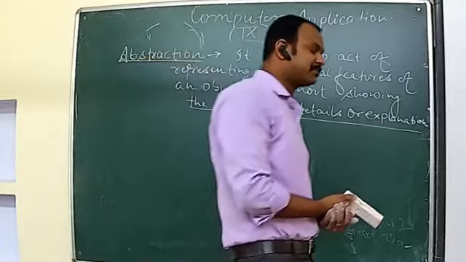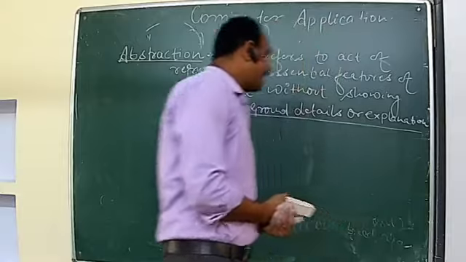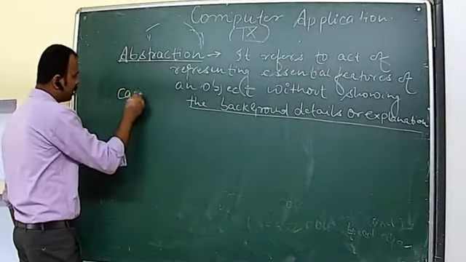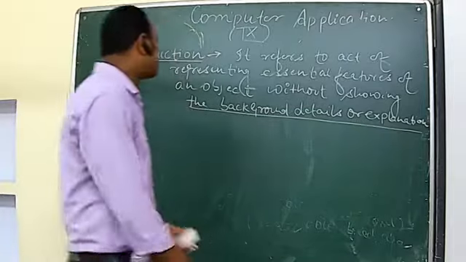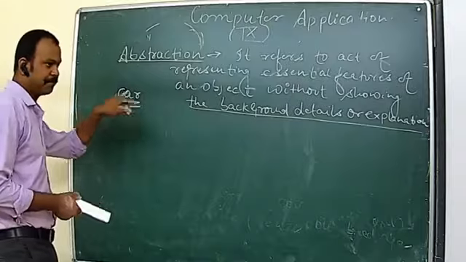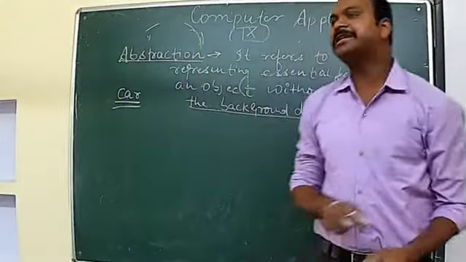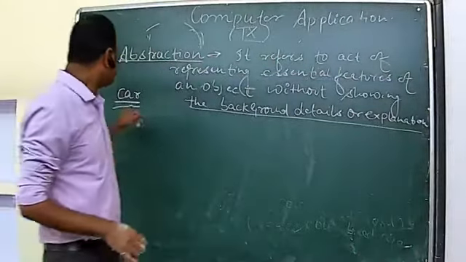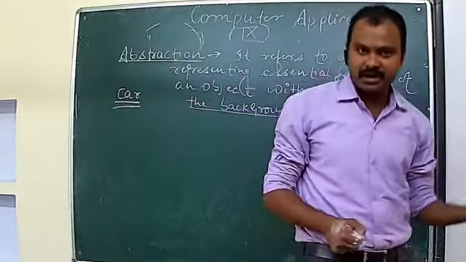Here also we'll take an example of a real world entity. So if I talk about a car, it is a real world entity, and we will see how abstraction is represented from the car. If I talk about a driver, what does a driver need to drive a car? A driver needs steering, clutch, gear, brake, accelerator and all.